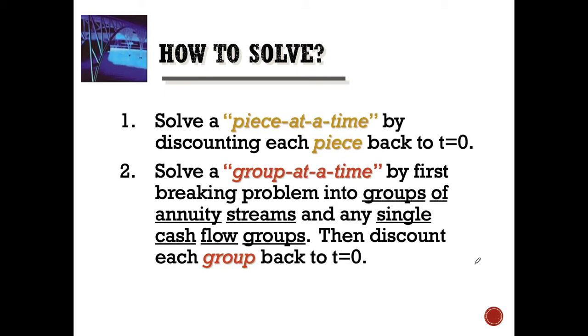There are some ways. First, solve a piece at a time by discounting each piece back to t equals 0. Or solve a group at a time by first breaking the problem into groups of annuity streams and any single cash flow groups, then discount each group back to t equals 0.